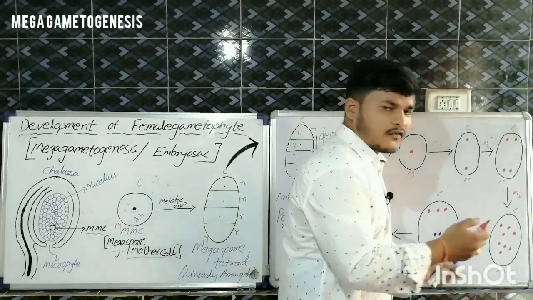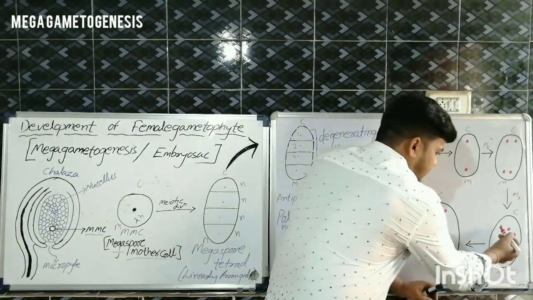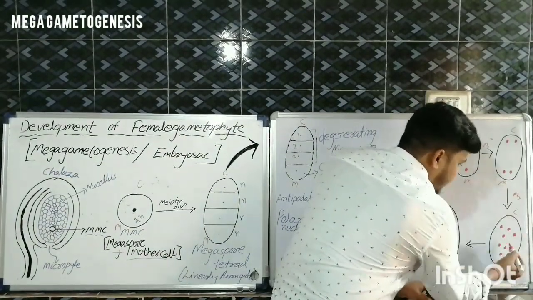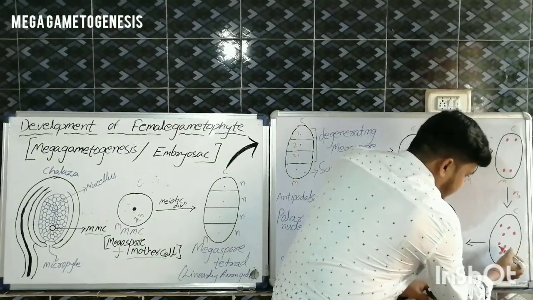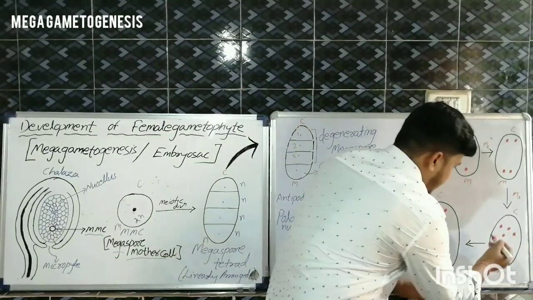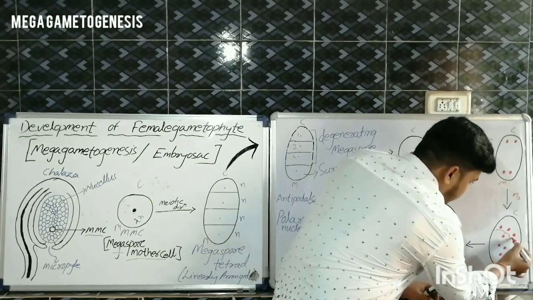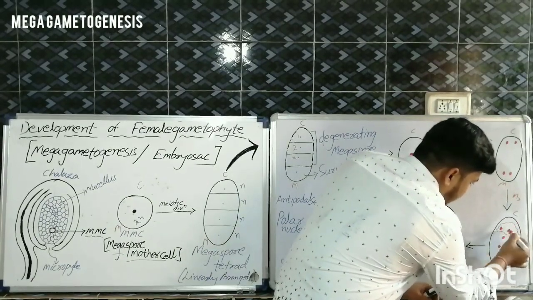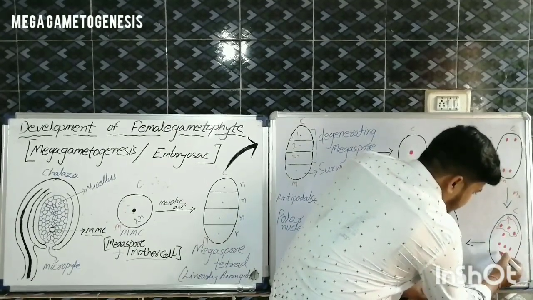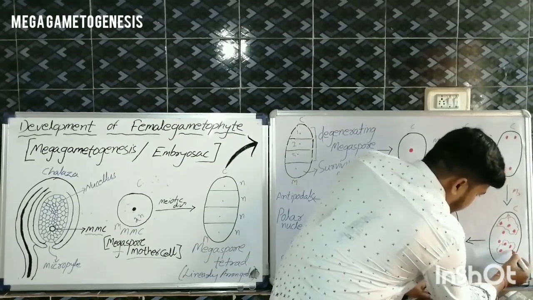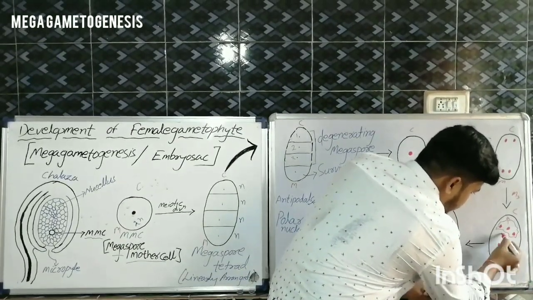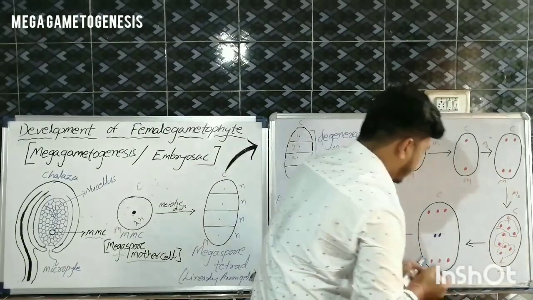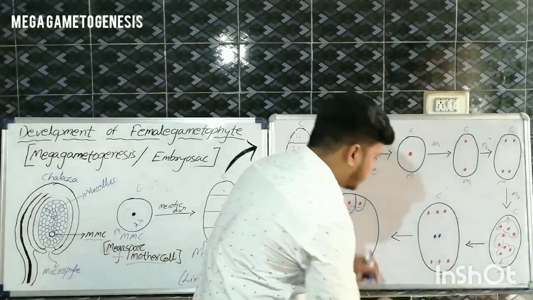Before going to cytokinesis, we have 8 nuclei, arranged as 3, 3 and 2. The upper 3 go towards the chalazal end, and the lower 3 go towards the micropylar end, and 2 are present in the middle. I change the color here.